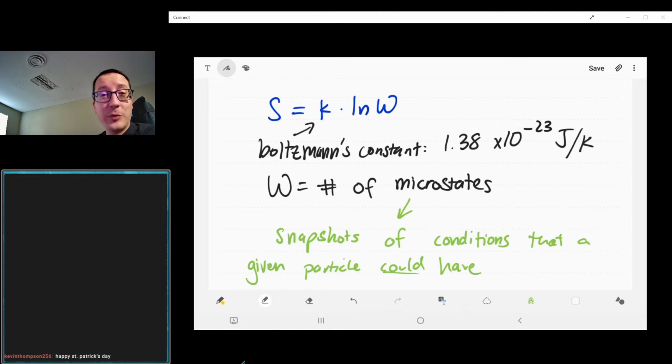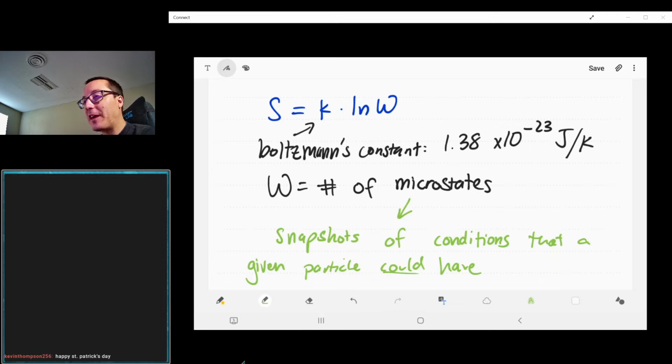We're not even going to really use this equation necessarily. It's something that's more theoretical for us. But it does help to explain the third law of thermodynamics, which is the last one that we're going to talk about in this chapter.